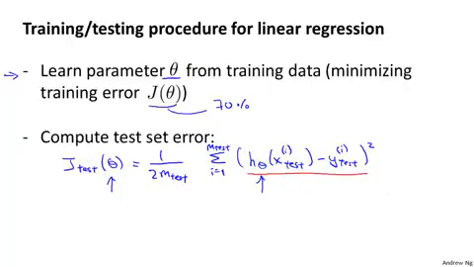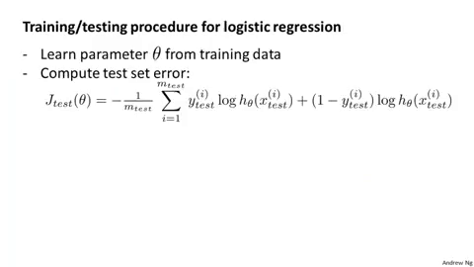And of course, this is the definition of the test set error if we are using linear regression and using this squared error metric. How about if we were doing a classification problem and, say, using logistic regression instead? In that case, the procedure for training and testing, say, logistic regression is pretty similar.